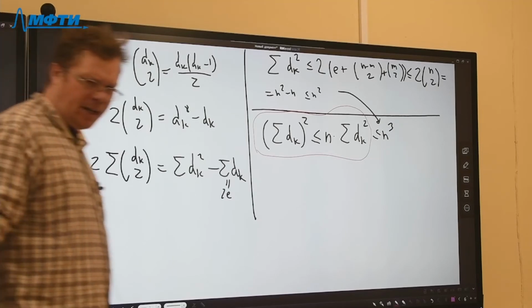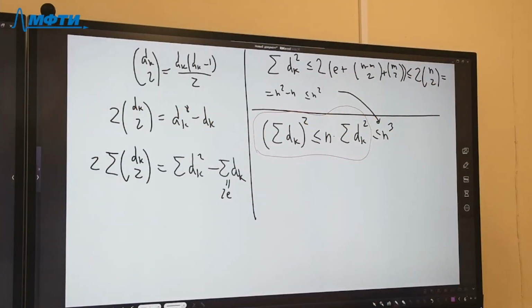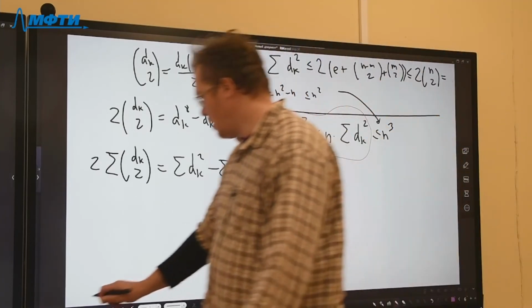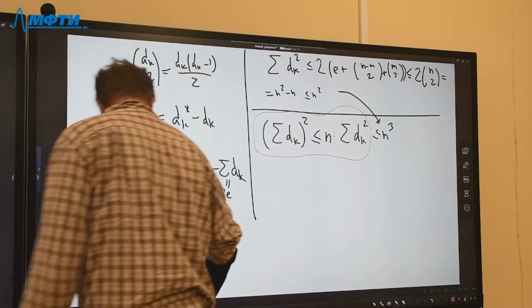Yeah, it's some kind of Cauchy inequality. I don't know if you're familiar with this. Usually it's written in a maybe different form.